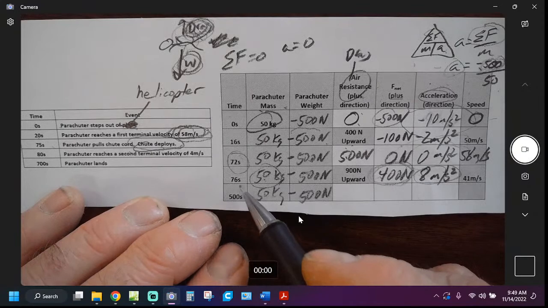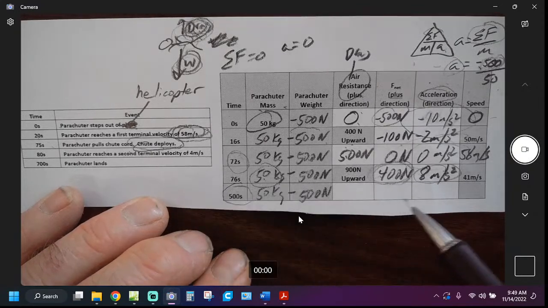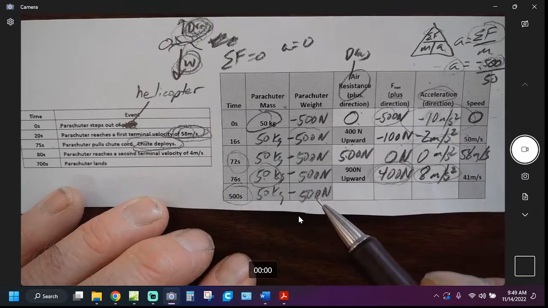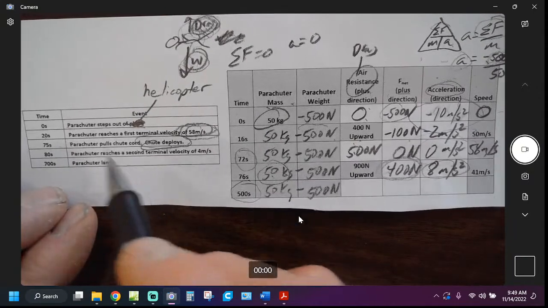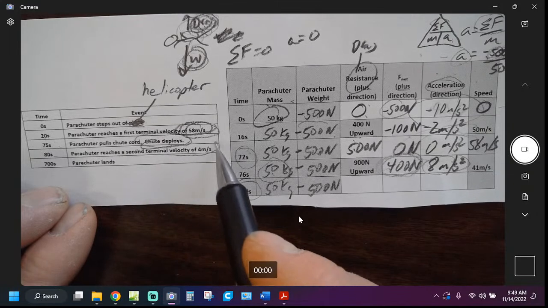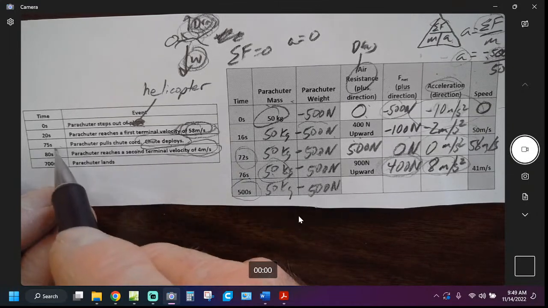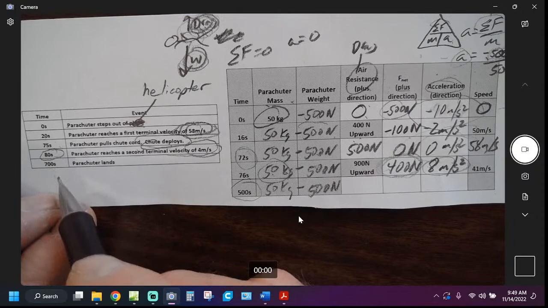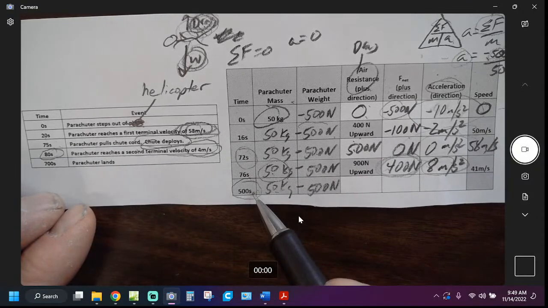And then this last one, this is an easy one again. Why? Because we're at terminal velocity again. So this says the parachuter reaches a second terminal velocity of 4 meters per second, and that's at 80 seconds. So they're going to stay at that all the way until they hit the ground.